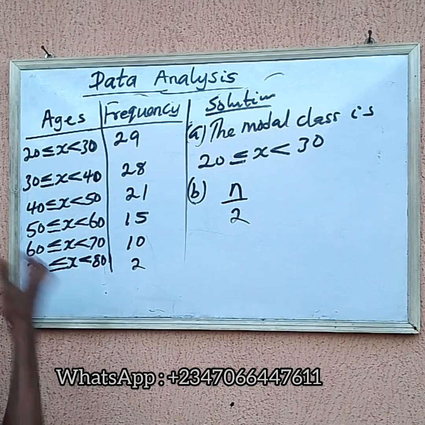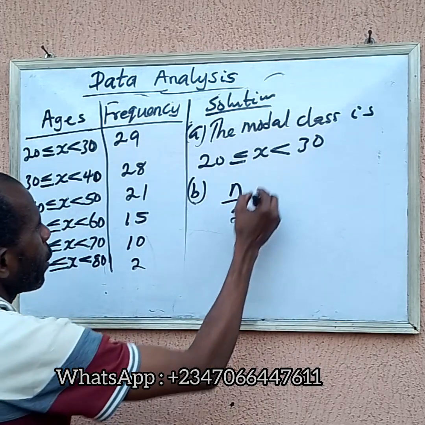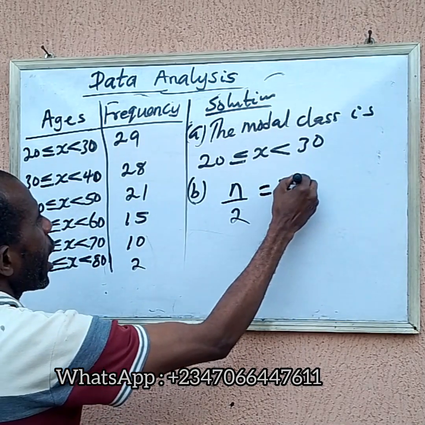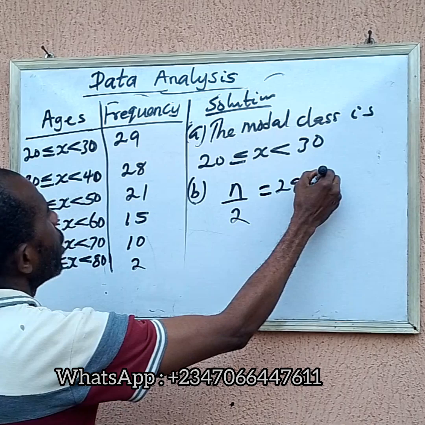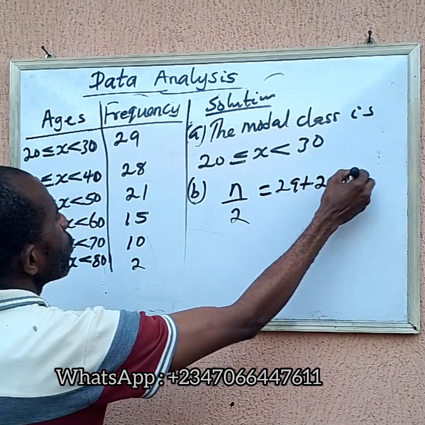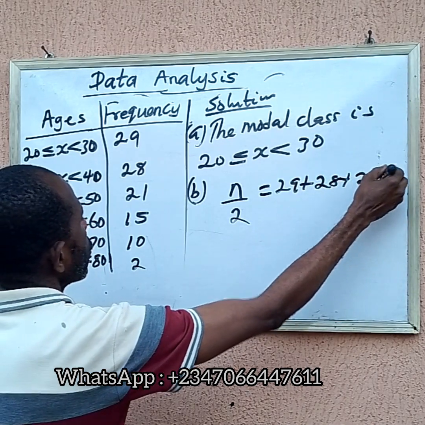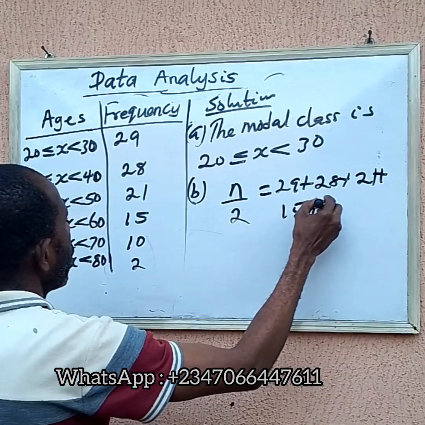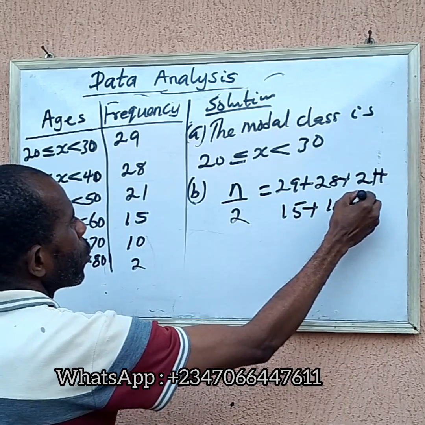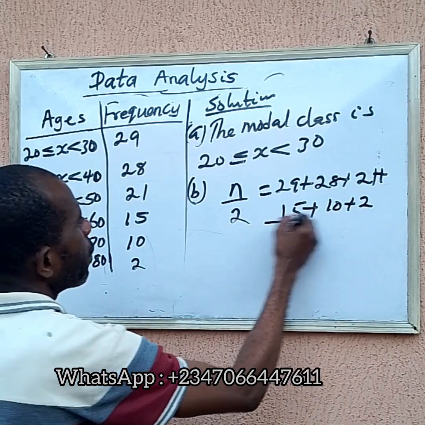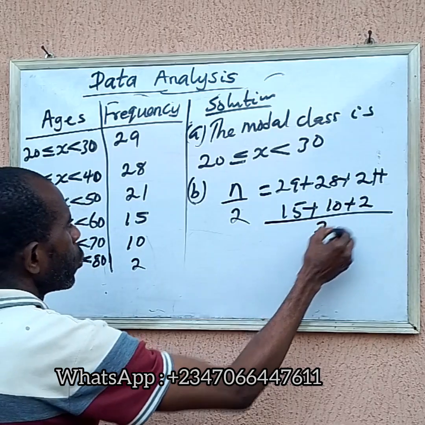First of all, let us calculate the total frequency. The total frequency is 29 plus 28 plus 21 plus 15 plus 10 plus 2, then everything all over 2.